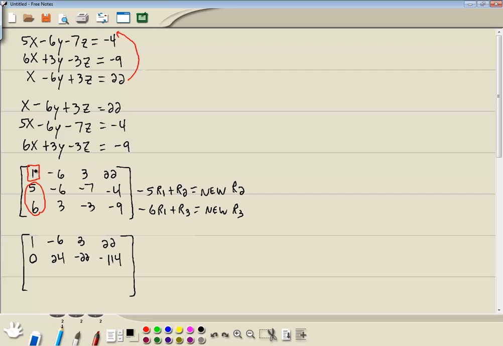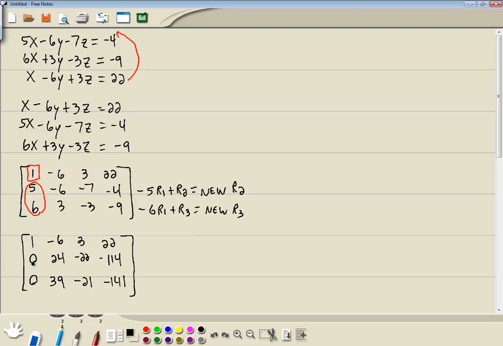Well, -6 times 1 is -6 plus 6 is 0. -6 times -6 is 36, plus 3 is 39. -6 times 3 is -18, plus -3 is -21. -6 times 22 plus a -9 is -141.